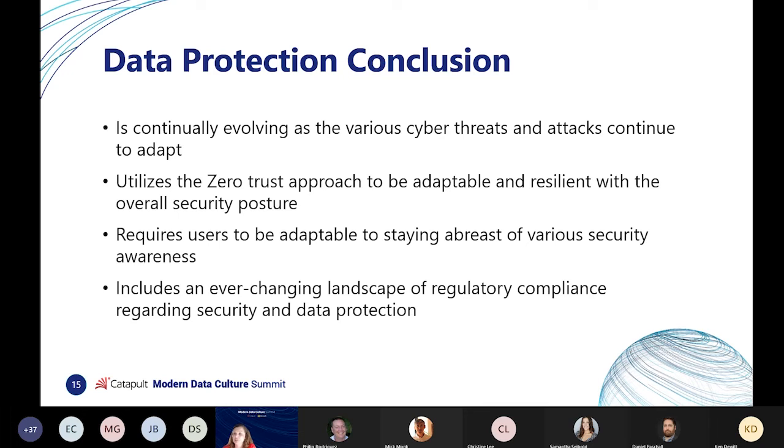And oftentimes what we're seeing, especially with some recent things, is it's hard to know when you truly have an attacker in your environment. So it's an ever changing landscape of regulatory compliance regarding security and data protection, and certainly never a dull moment for those of us engaged in the industry and working with the various stakeholders to do the different types of data protection.